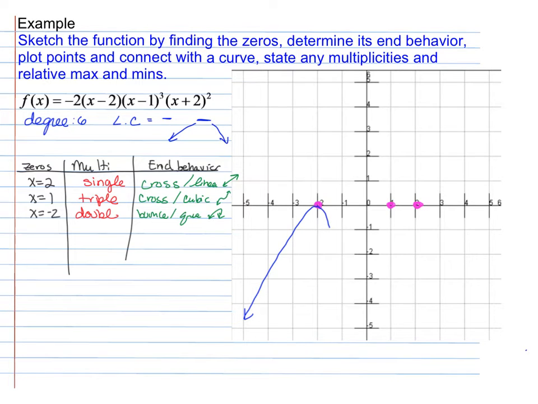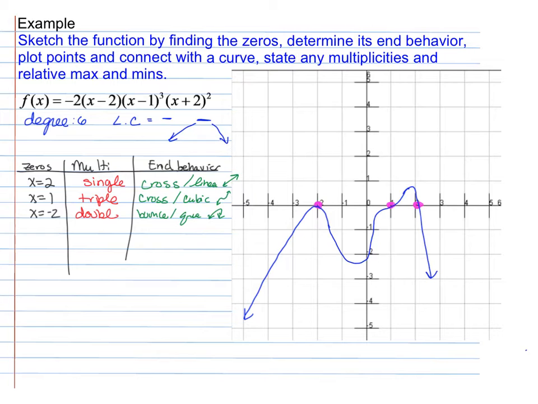Then I know our next one is that 1, and it's a triple, so it's going to cross, looking more like a cubic. So something that looks like this, and hopefully you do a better job than I do. And then at 2, it crosses and looks linear. So something very similar to that.